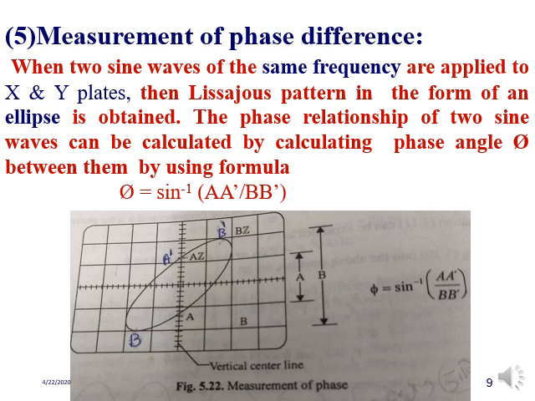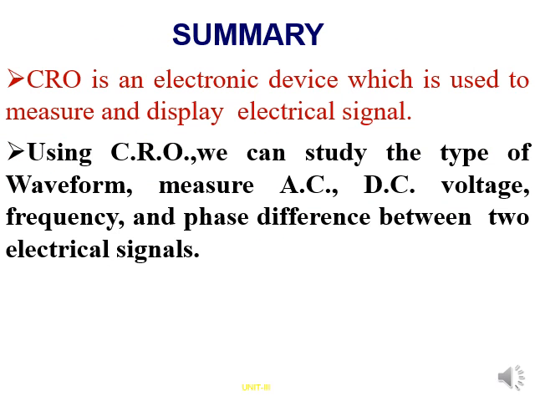So here we have completed the application part of CRO. In this lecture I have discussed the applications of CRO, and how using CRO we can study the type of waveform, measure AC and DC voltages, frequency and phase difference between any two electrical signals.